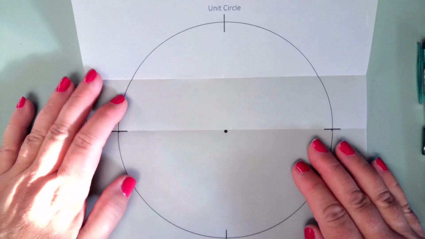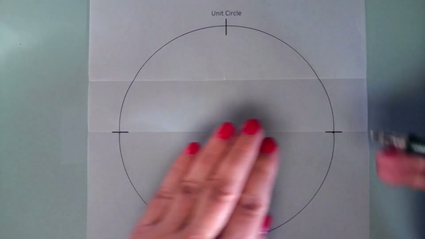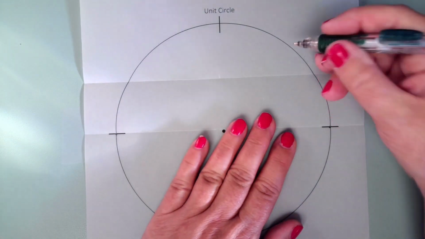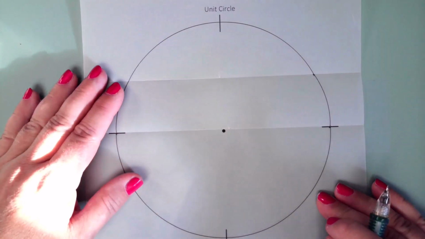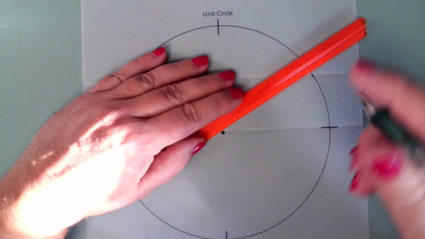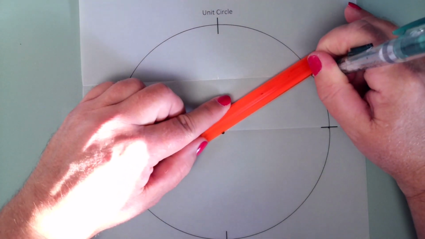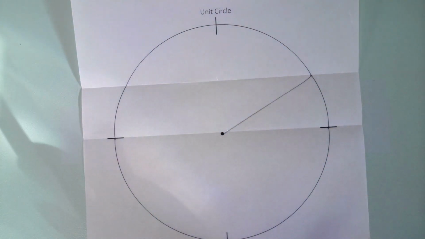Then open it back up, and you can see that this has made another crease, and that line intersects over there. Now let's go ahead and draw a straight line like so.